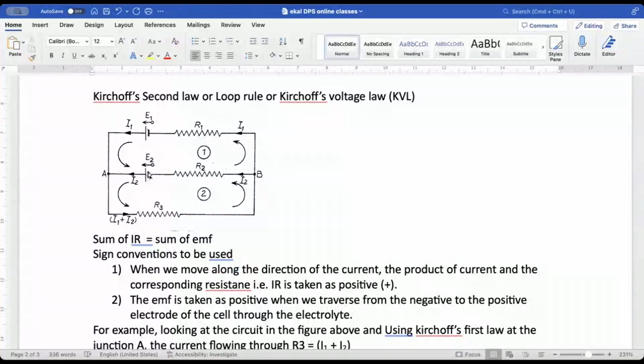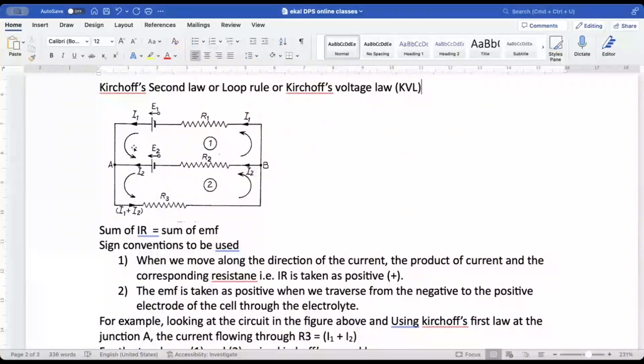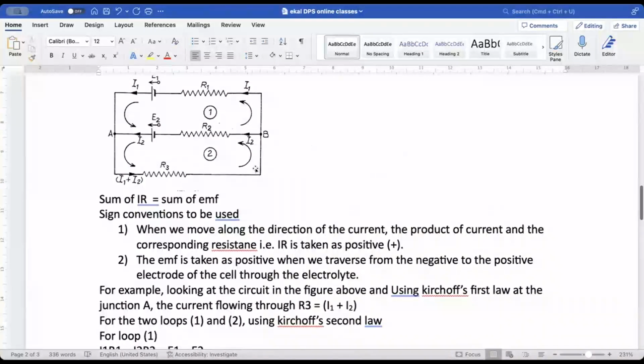Total current कितना जा रहा है, कितना आ रहा है, वो same रहेगा. जितना भी करंट एंटर होगा जंक्शन पे और जितना करंट लीव करेगा जंक्शन को, देयर सम इज ऑलवेज इक्वल, सेम, दे आर इक्वल. एंड फिर हम देखेंगे कि आई आर की जो वैल्यू है, मींस द करंट विच इज फ्लोइंग थ्रू एनी रेजिस्टेंस, जितने भी उसमें लूप के अंदर वो आएंगे उन सब का सम शुड बी इक्वल टू द टोटल ईएमएफ ऑफ द सेल्स इन दैट पर्टिकुलर लूप. वो सब लगाएंगे, देन विल सॉल्व. तो हमें इसमें डायरेक्शन का सबसे ज़्यादा ध्यान रखना है. एंड जो डायरेक्शन है वो करंट का, मैंने जैसे आपको बताया कि पॉजिटिव टू नेगेटिव हम शो करते हैं, तो हमेशा पॉजिटिव टू नेगेटिव वो लेना है, उससे हो जाएगा.